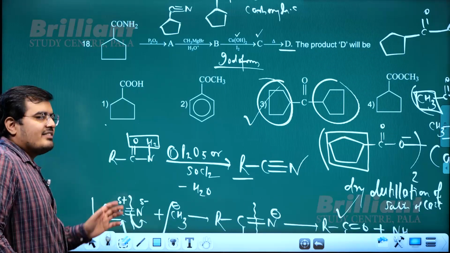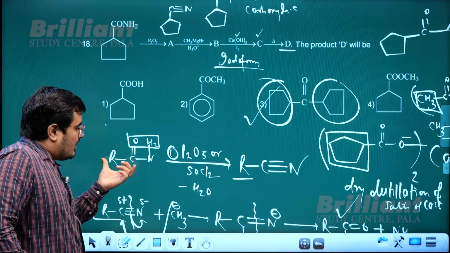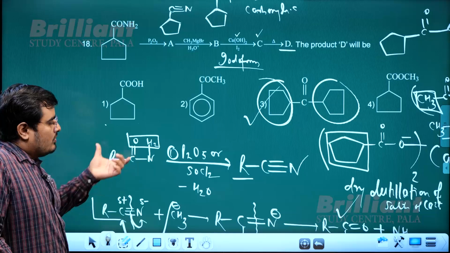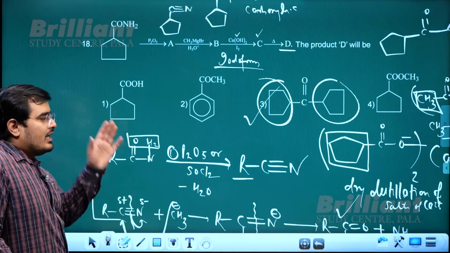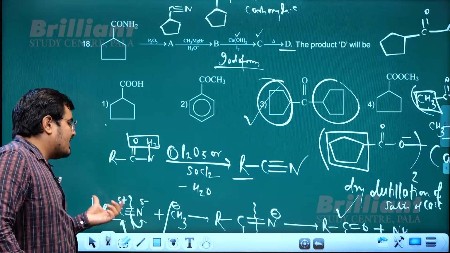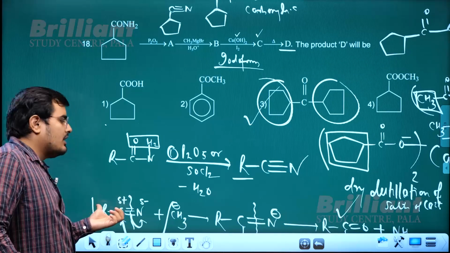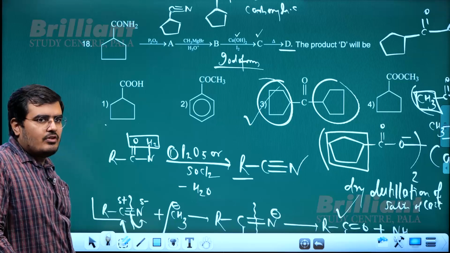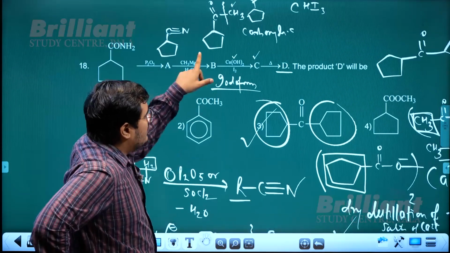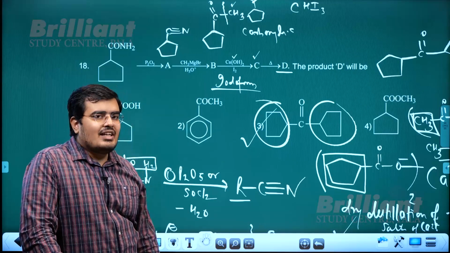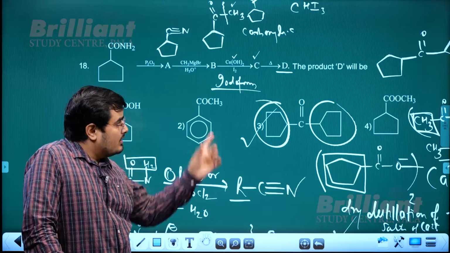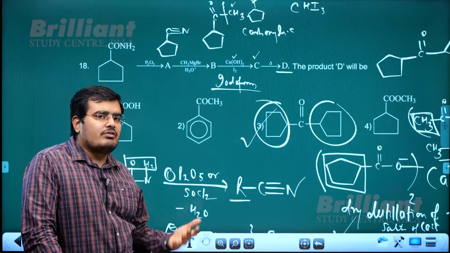Or with SOCl2 or PCl3, amides form nitrile. After forming nitrile, you add Grignard reagent followed by hydrolysis. We know that when you add Grignard reagent to a nitrile, it results in the formation of ketone. So we formed a ketone. When we formed the ketone, we realized that we have a methyl ketone, and that is the reason the next reagent they gave was a haloform reaction.